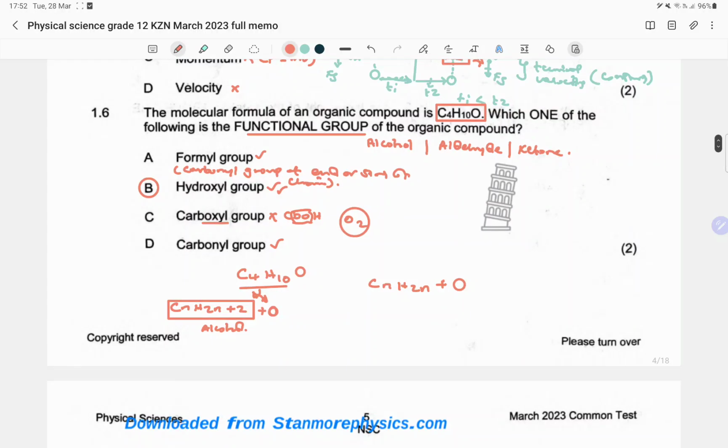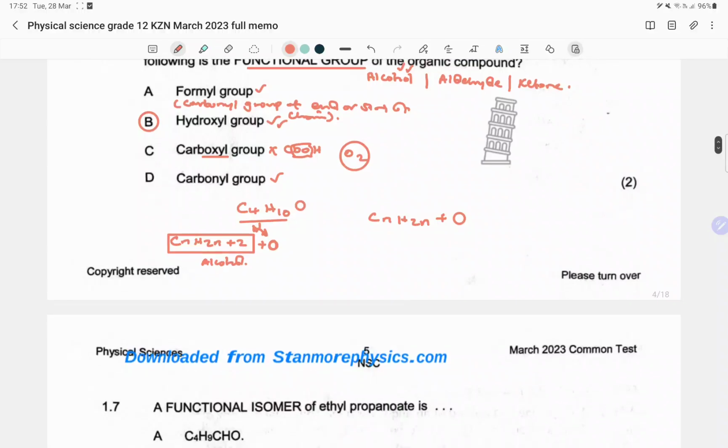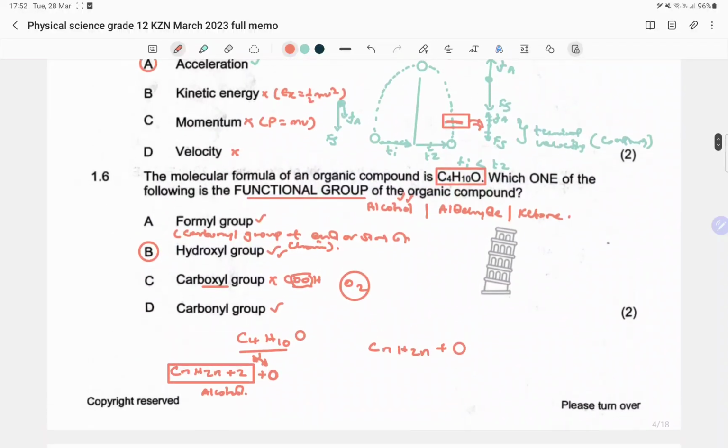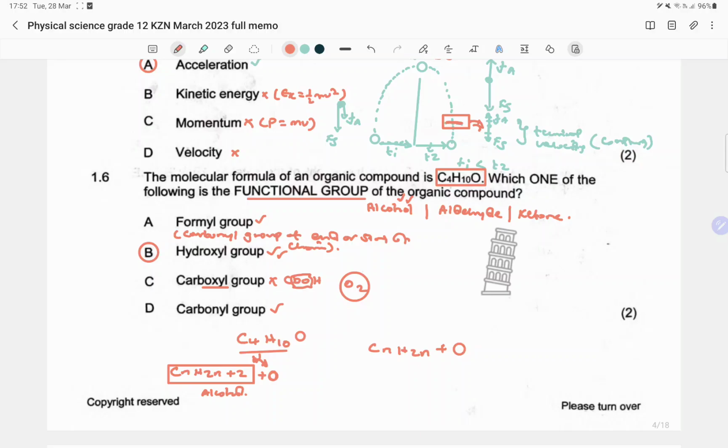So you have to do something, guys. Always be in a position to look at these things. Of course, some textbooks are very nice. They show you this general formula of each of these organic compounds, but some textbooks do not. So you have to be able to know the structure well, to know exactly what it resembles.